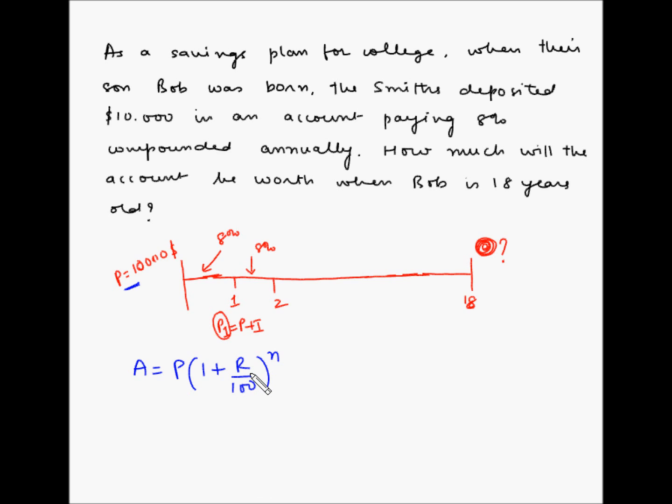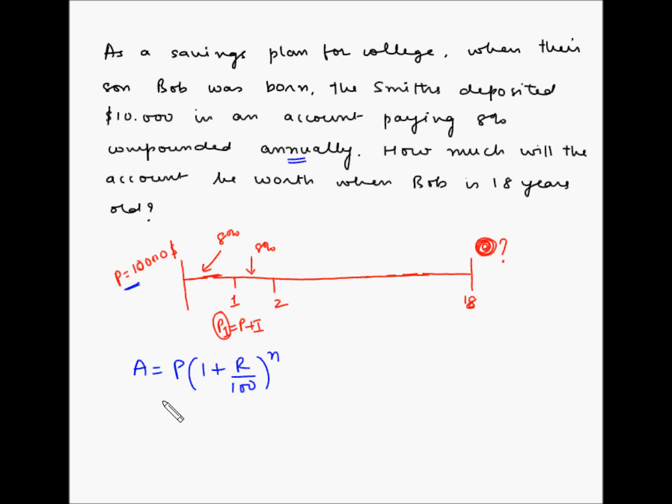R is the rate of interest per compounding period. Now here the compounding period is annual, so the rate is 8%, and N is the number of compounding periods. So the compounding is happening annually and the tenure is 18 years, so the number of compounding periods is 18.